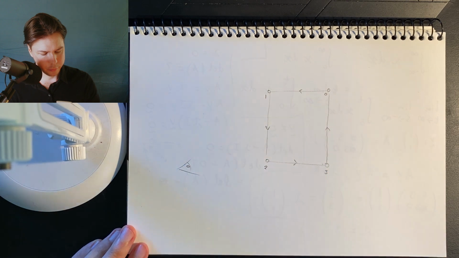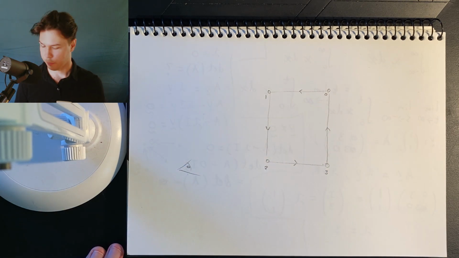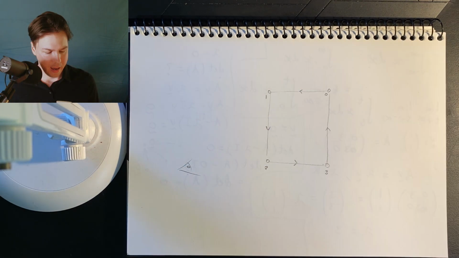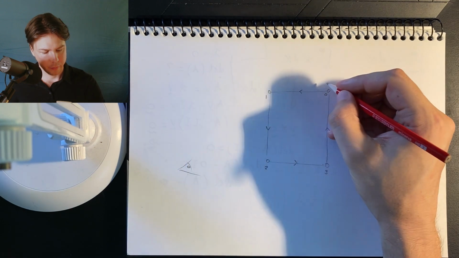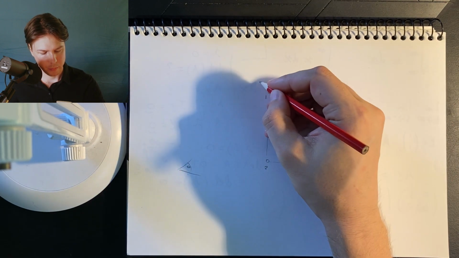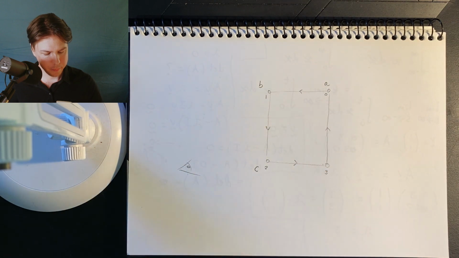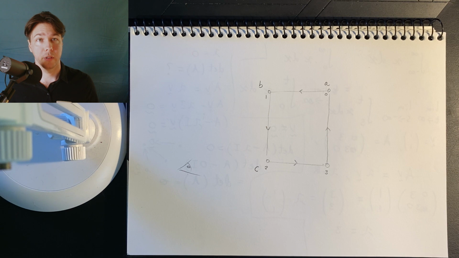Now, to do this, I'm going to need 3 points, and for convenience, I'll label these point A, B, and C. So then I'll subtract A from each of these points, and this will give me 2 direction vectors.